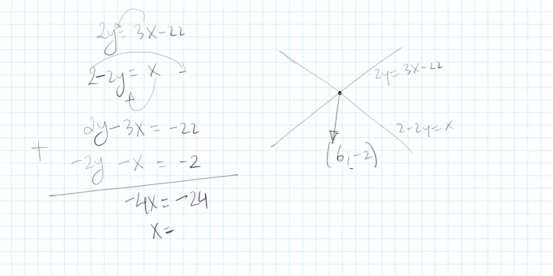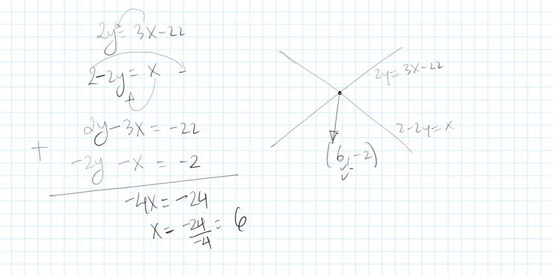So x will be minus 24 divided by minus 4, which is 6. Which was what we got using the graphs. Good? You can see it works.